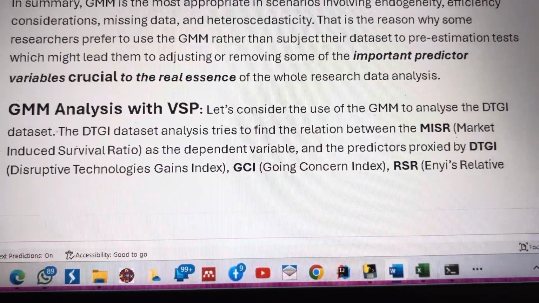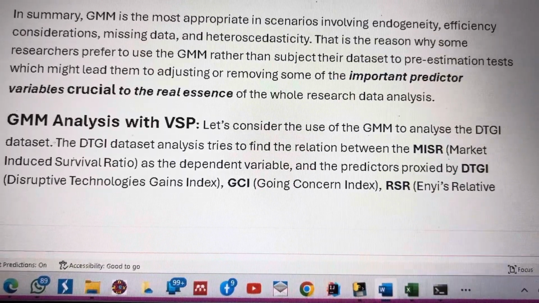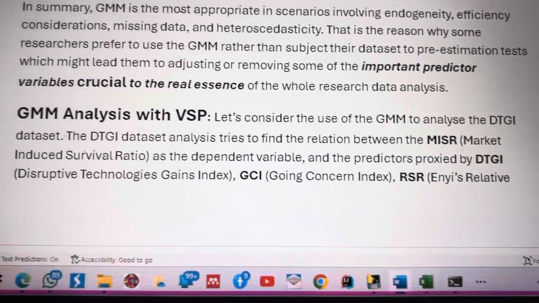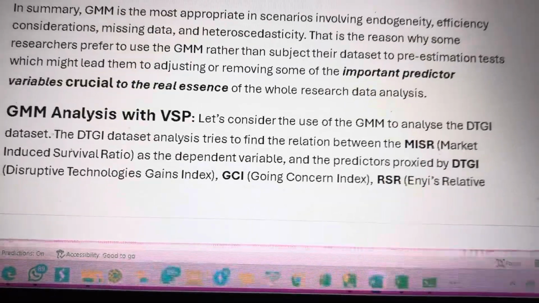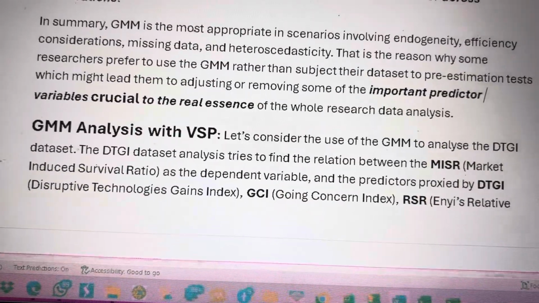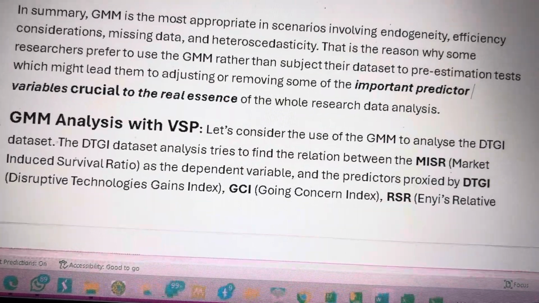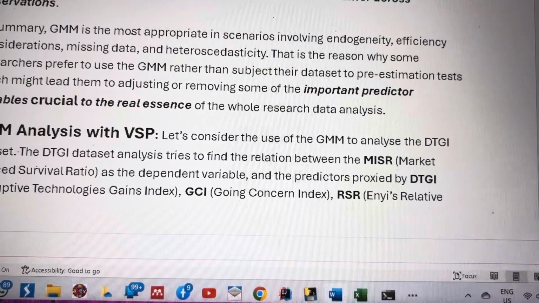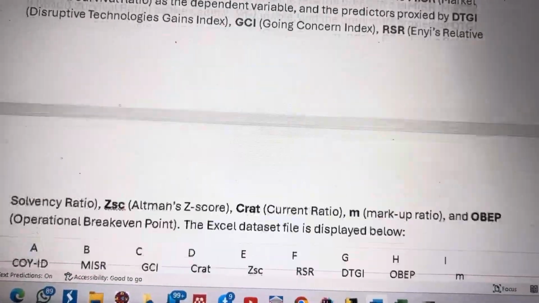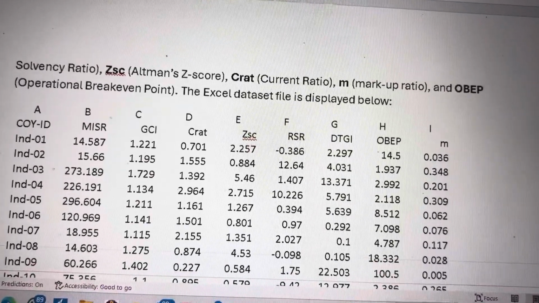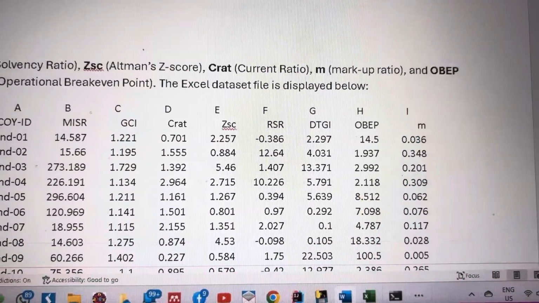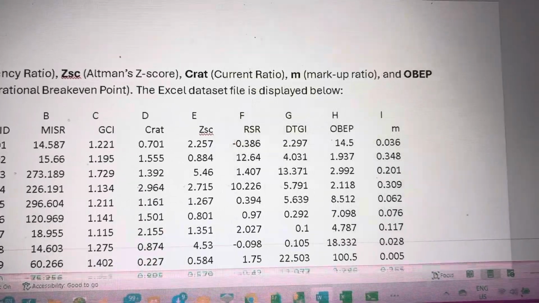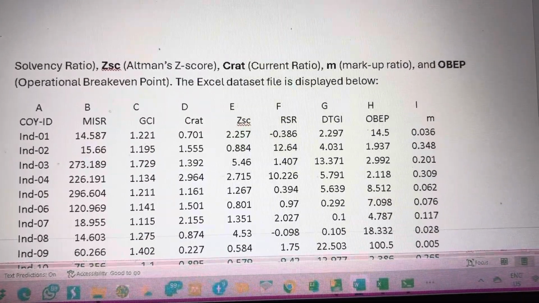The DTGI dataset analysis tries to find the relationship between the MISR, that is market induced survival ratio, as the dependent variable, and the predictors proxied by DTGI, which is a disruptive technologies gains index, and then GCI, the going concern index, then RSR, Eni's relative solvency ratio, and then ZSC, which is Altman's Z-score, then CRAT, which is the current ratio, and then M, which is a markup ratio, and OBEP, which is the operational break-even point.